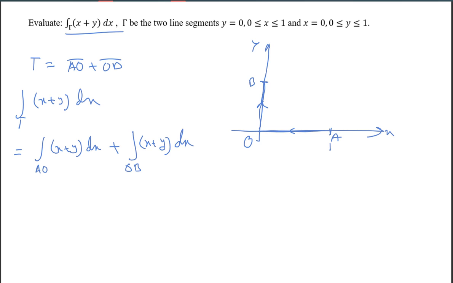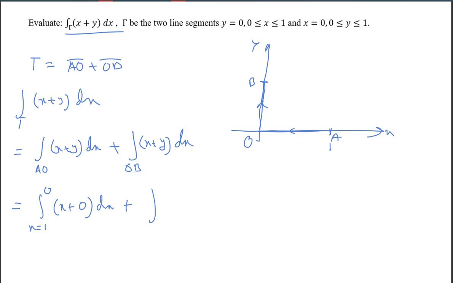Now along the line AO, y is equal to 0 and x is changing from 1 to 0. x is a variable, y is always constant, 0, then dx.